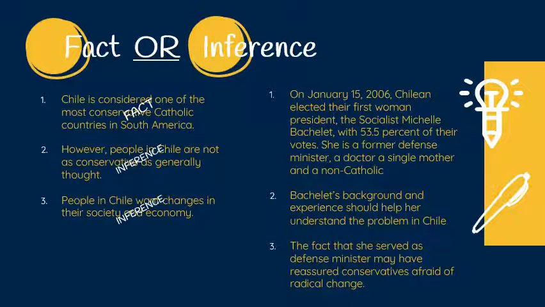Here we have three other statements. Okay, so what do you think for number one? Right, it is a fact because it provides numbers and dates, and this is historical information.